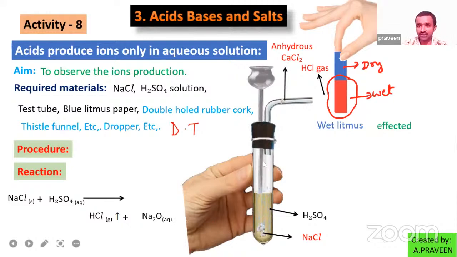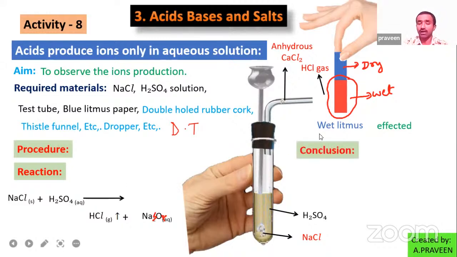It is Na2SO4. So sodium sulfate solution in the form of liquid remains in the test tube. HCl is a gas, bubbles passing onto the surface, right? So in the liquid, bubbles produced, it is indicating the gas.